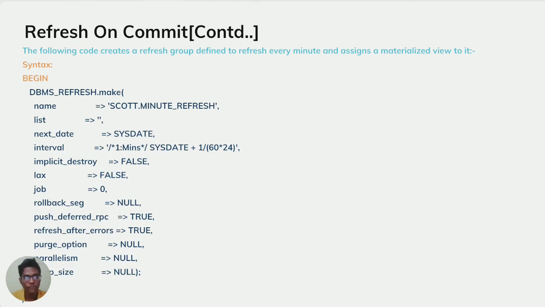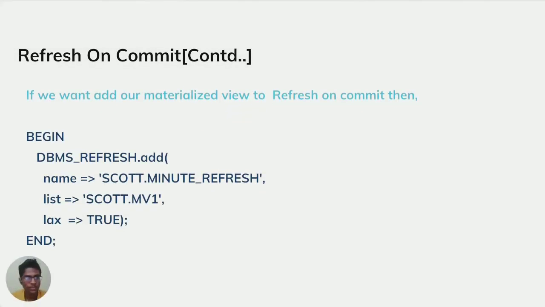It will refresh the materialized view every minute. Here our materialized view name is mv1. I just started with begin, and we give the name. It is a minute refresh, meaning the materialized view will refresh per minute.